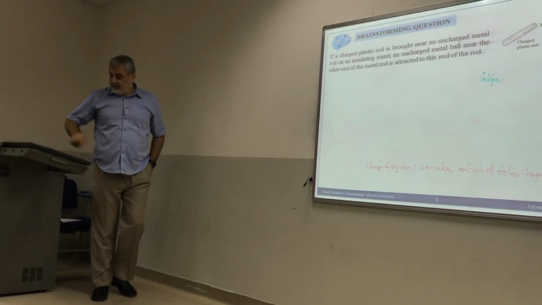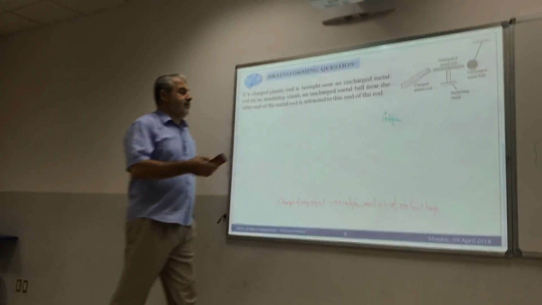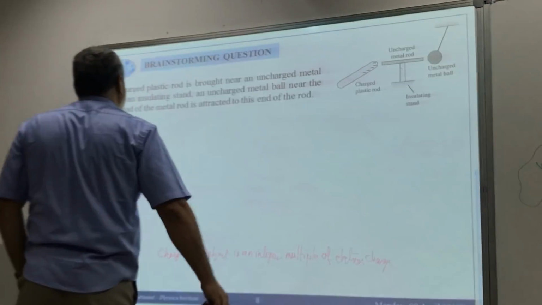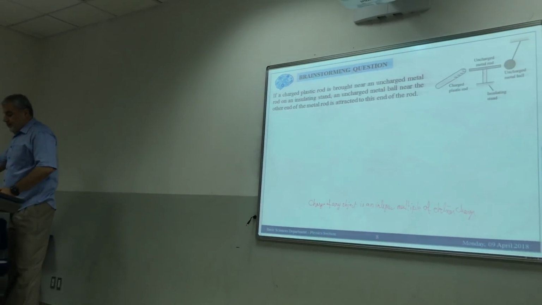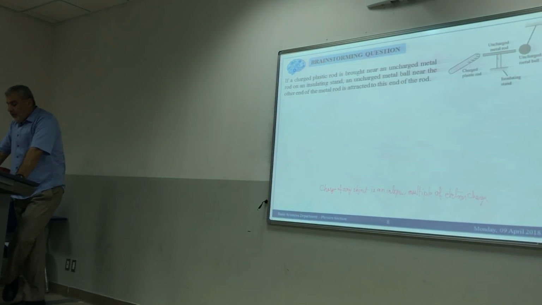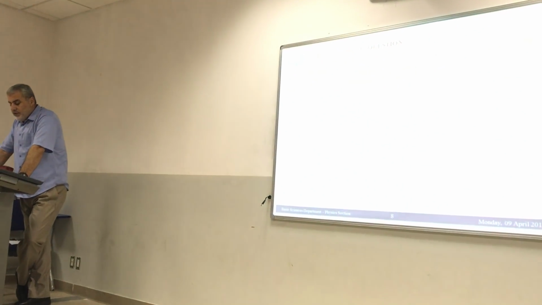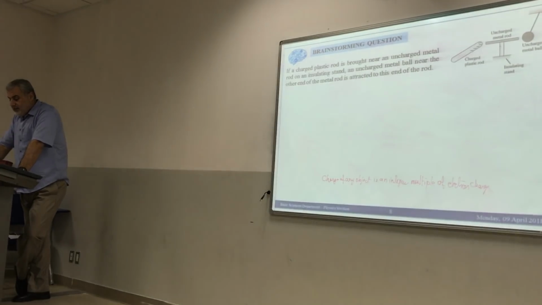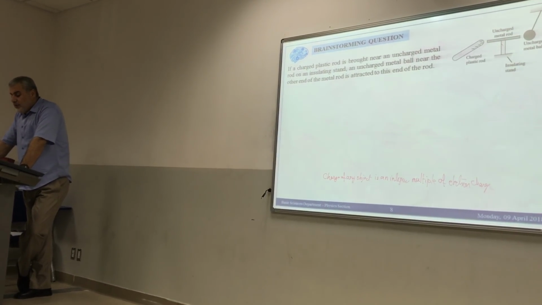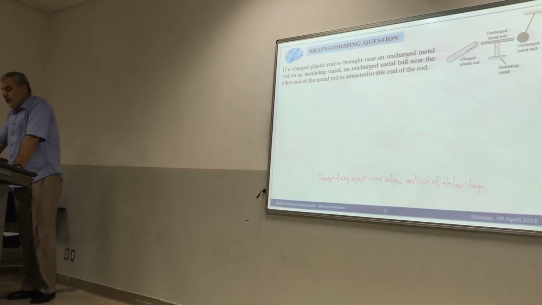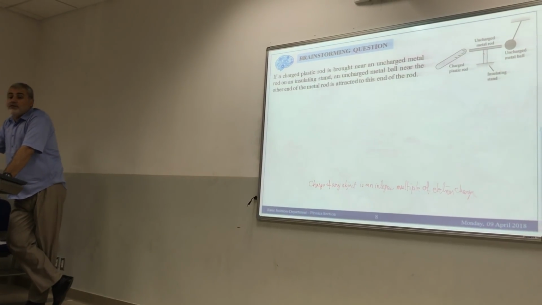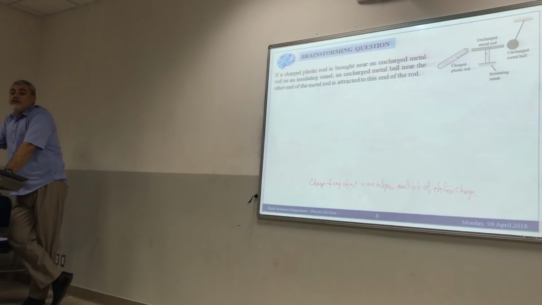Now, there's a question. Read the question and tell me. If a charged plastic rod is brought near an uncharged metal rod on an insulating stand, an uncharged metal ball near the other end of the metal rod is attracted to this end of the rod. Can you tell me?